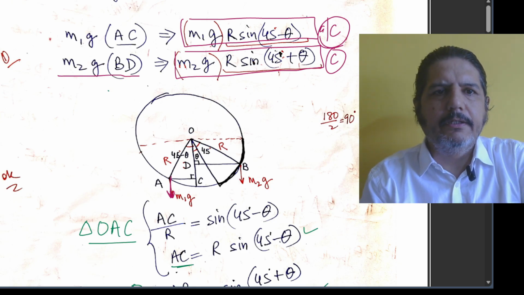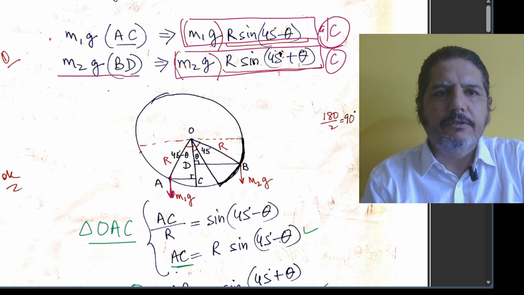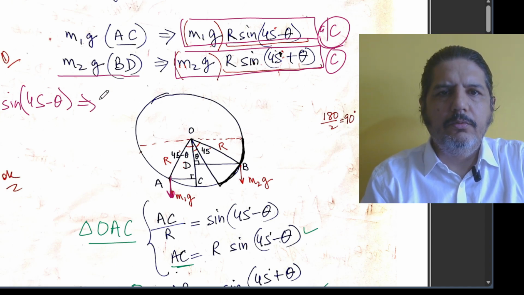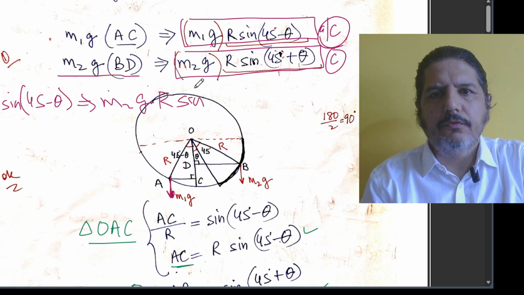Basically, I can write this as m1g r sine (45 minus theta) equal to m2g r sine (45 plus theta).